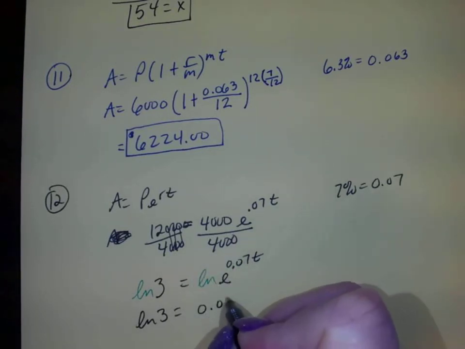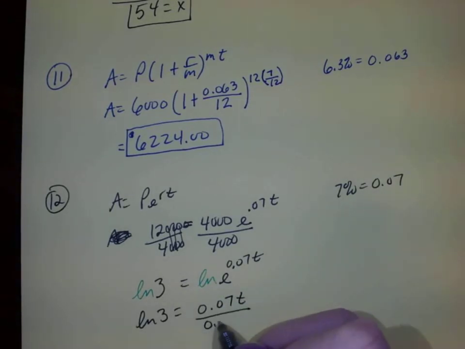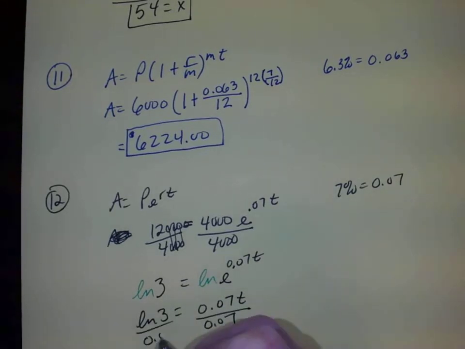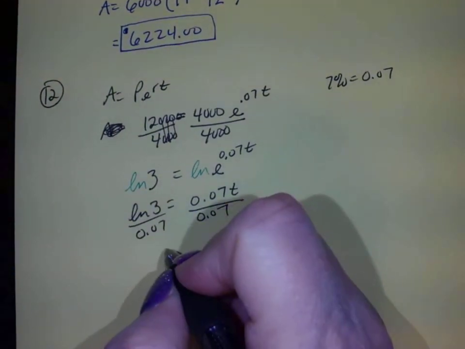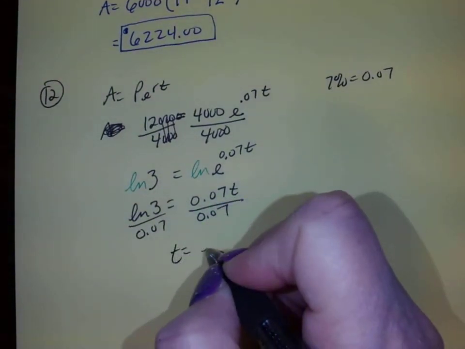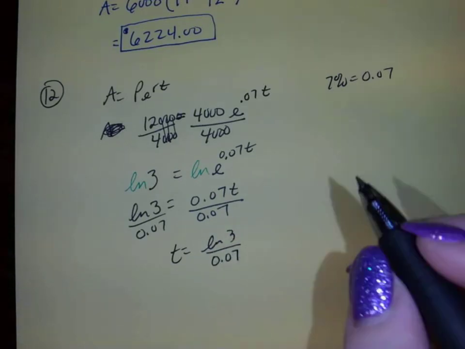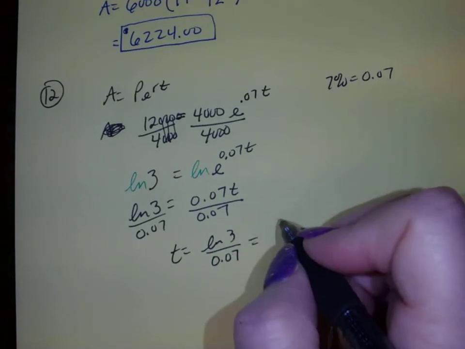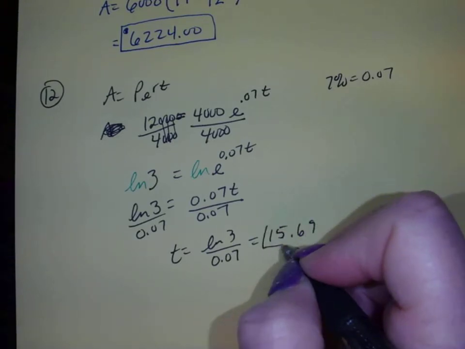And so we have 0.07t. Now we're going to divide by 0.07. So now we have that t is equal to the ln of 3 divided by 0.07. And when we put that in our calculator, we will get 15.69.